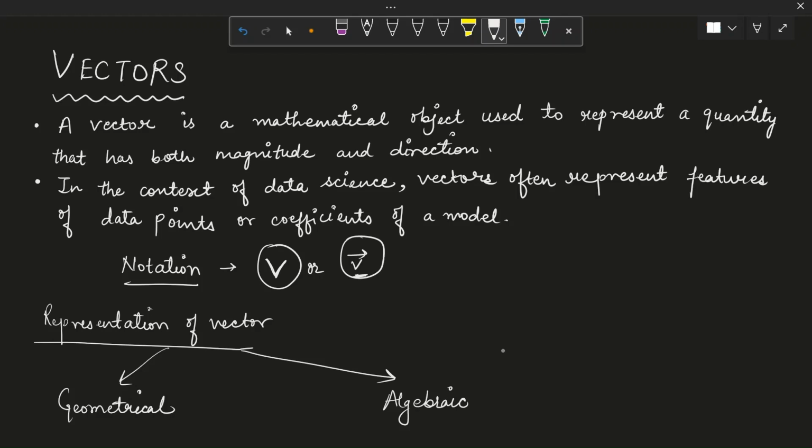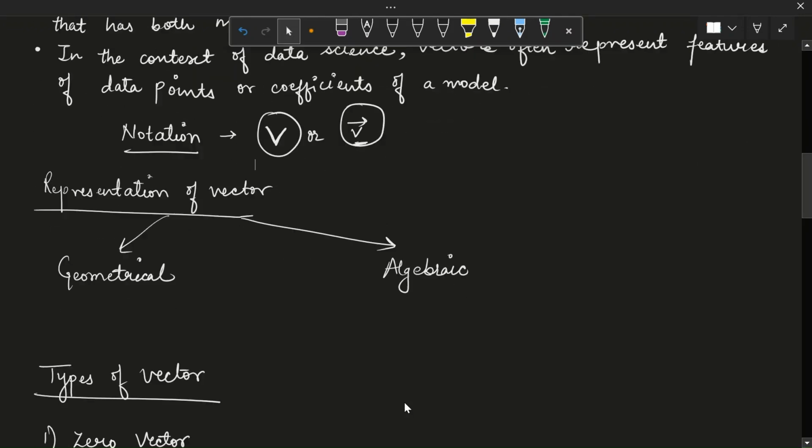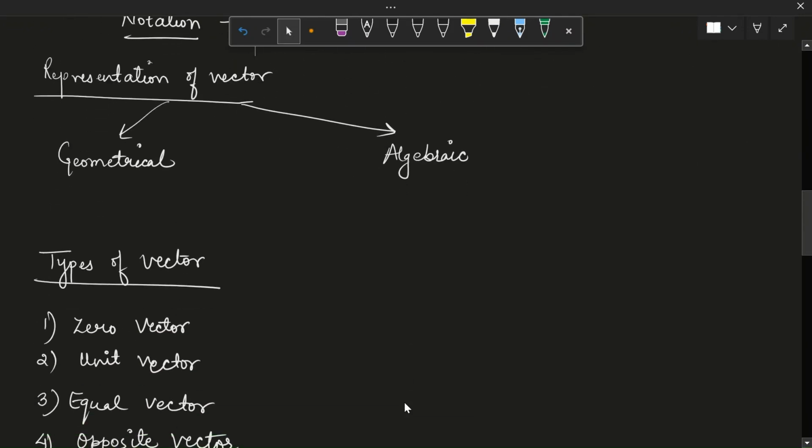In data science, vectors often represent features of data points or coefficients of a model. There are two ways of representing a vector: geometric representation and algebraic representation. Geometric representation is in a 2D or 3D space, where vectors are represented as arrows pointing from one point to another.